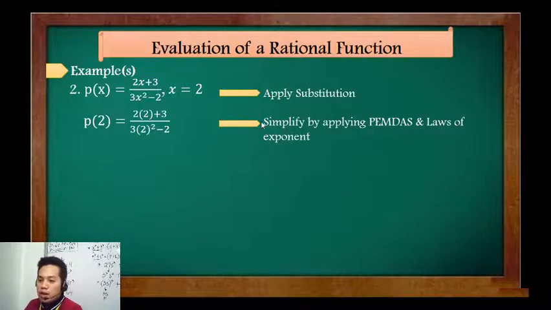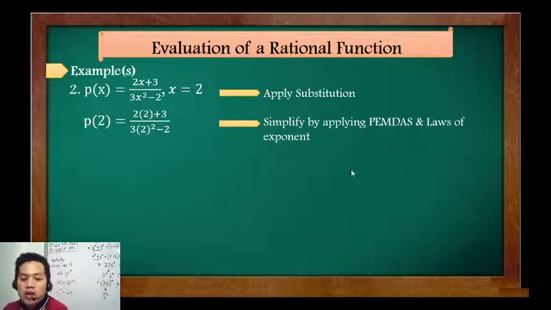PEMDAS is parenthesis, exponent, multiplication or division, addition or subtraction. This will serve as our guide to operate the given function. And we can also apply the laws of exponent.